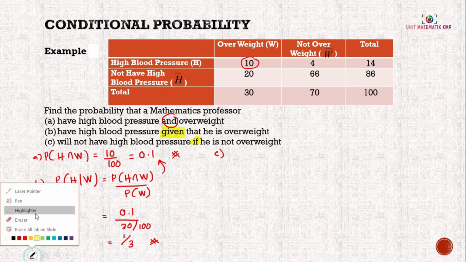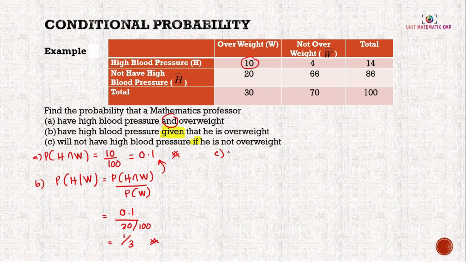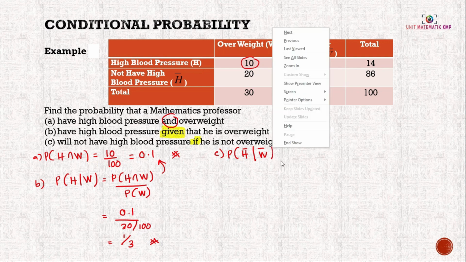So macam mana kita nak tulis dia? Dia minta probability of professor will not have high blood pressure. So not have means that H bar lah. Given if he is not overweight. Not overweight, W bar. Okay.